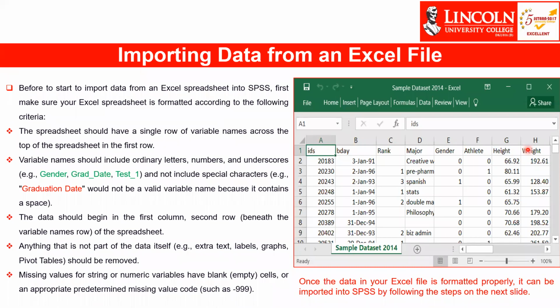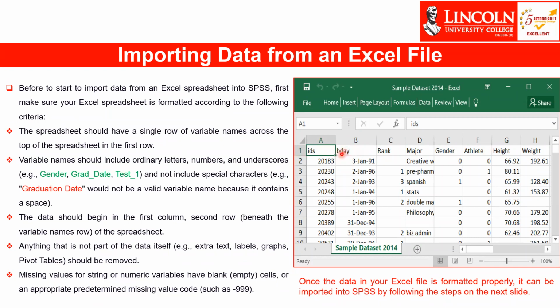Secondly, variable names should include ordinary letters, numbers, and underscores. Variable names, which are the headings, should include letters, numbers, and underscores. You cannot include special characters.